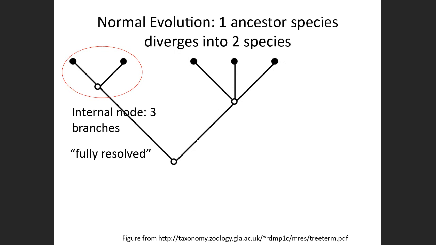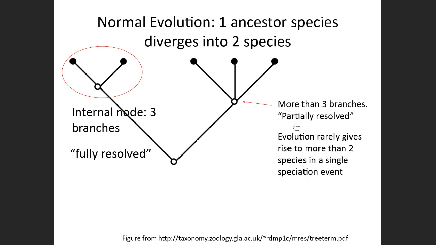So I tell you in here that that's why evolution rarely gives rise to more than two species in a single speciation event. That's why you're like, maybe we're missing an ancestor to this one here, so there will be another partition. Or maybe from over here, and then that would resolve that tree.